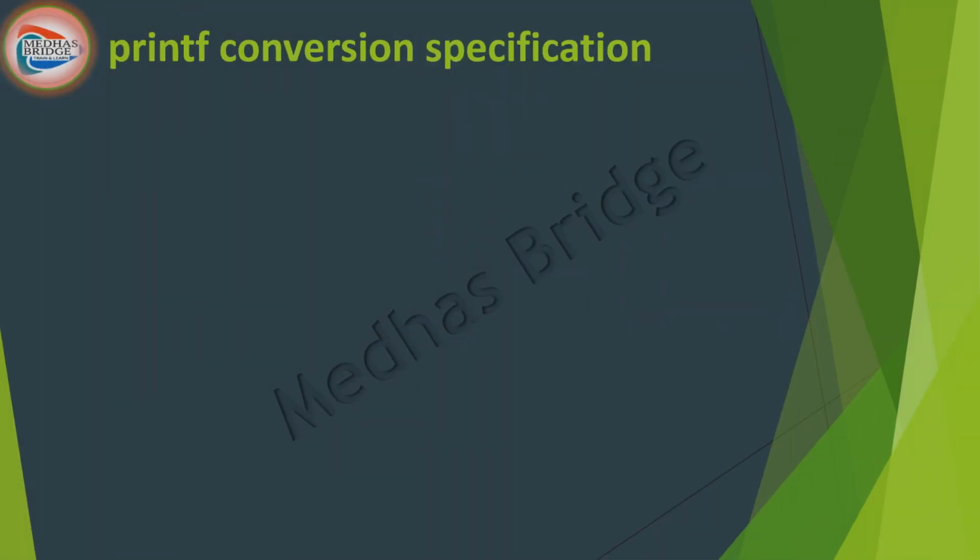So far we have seen data types: fundamental data types, derived data types, and user defined data types. Primitive data types, mostly what we always discuss, are int, char, float, double, right?